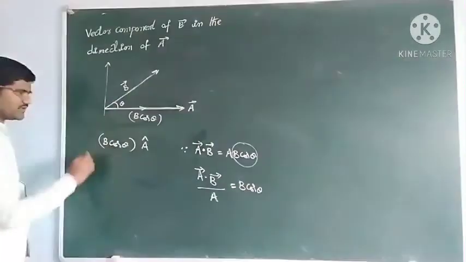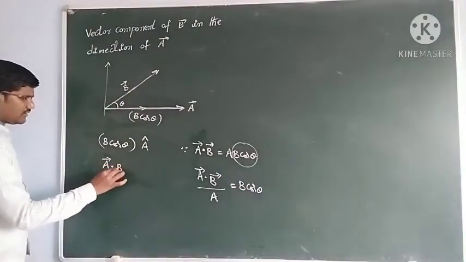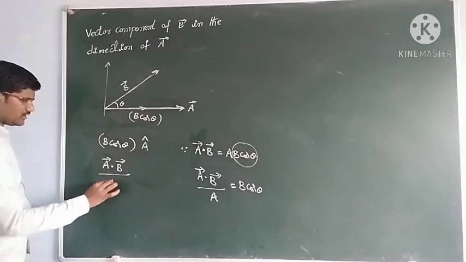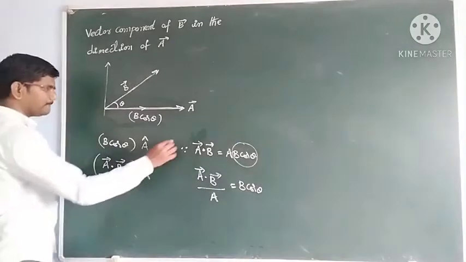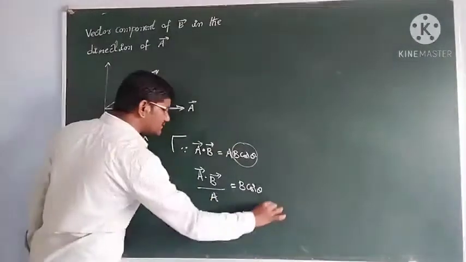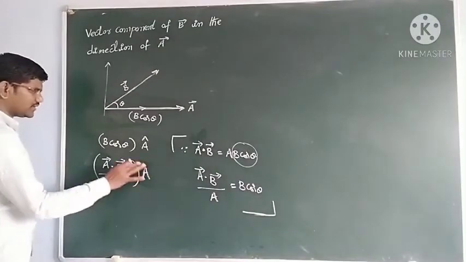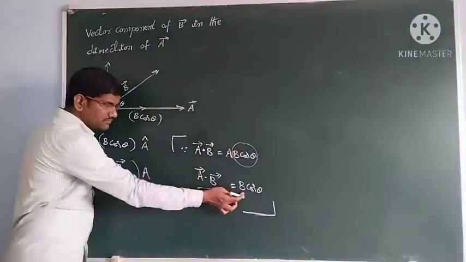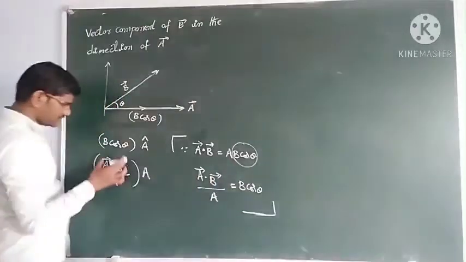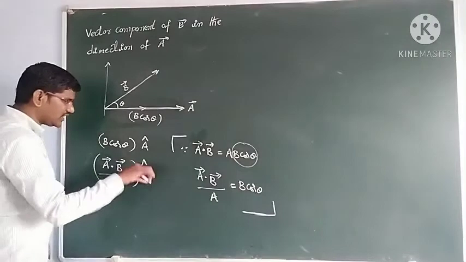You substitute here. So A bar dot B bar by A into A cap. And instead of B cos theta, from the dot product of vectors, B cos theta is equal to this much. So this substitution I have done, into A cap.